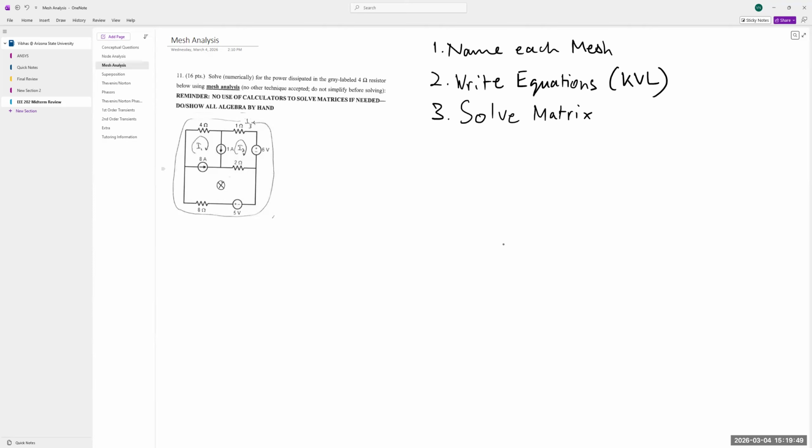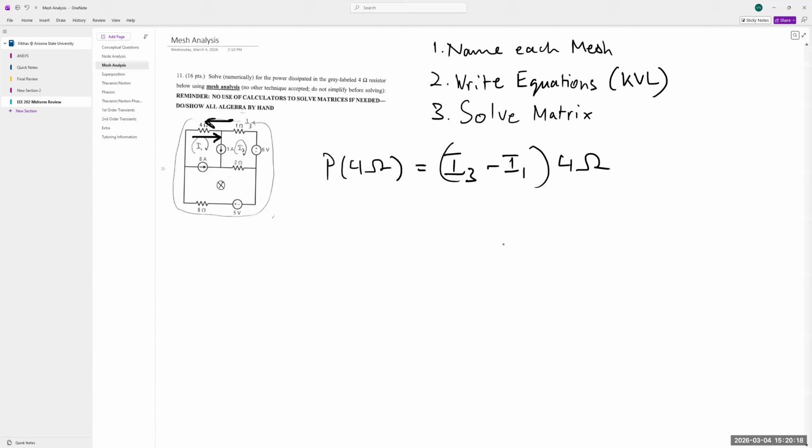All right, so let's try to solve this question. It's asking us to solve for the power dissipated in the 4 ohm resistor, right? So the power dissipated in the 4 ohm resistor, which is over here, is going to be (I3 minus I1) times 4 ohms. That's because I3 is going this way, I1 is going this way.